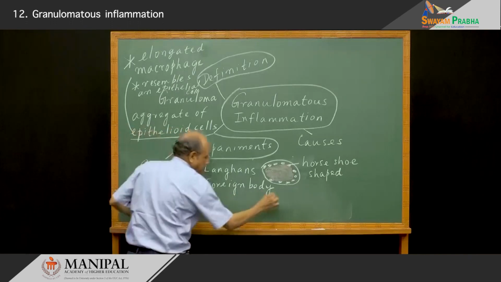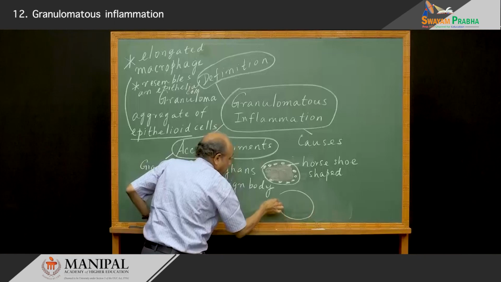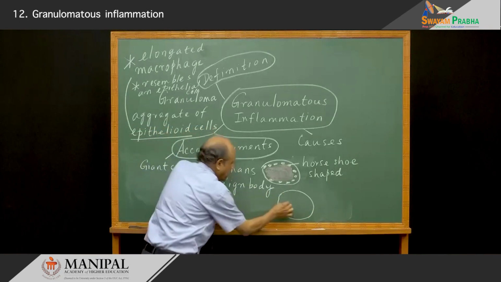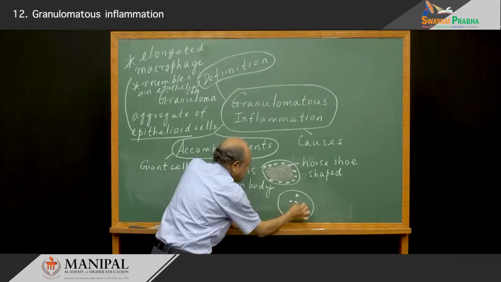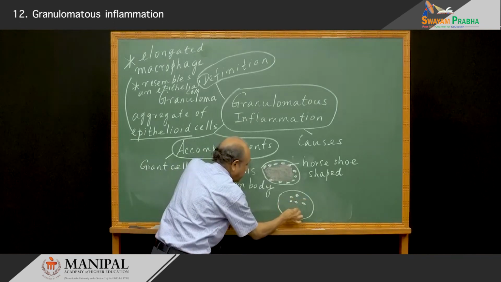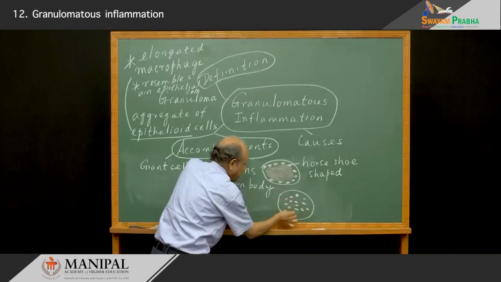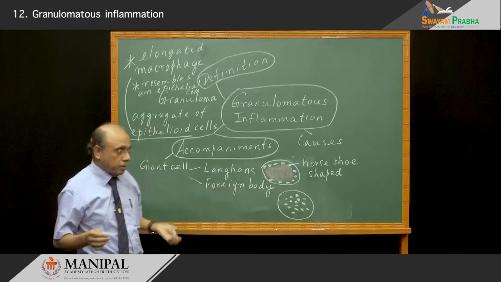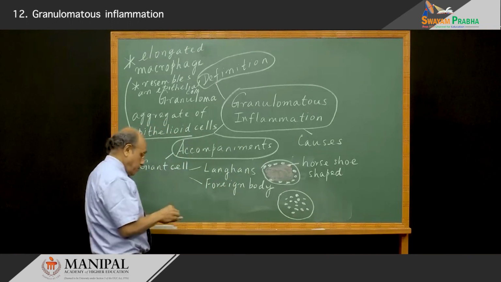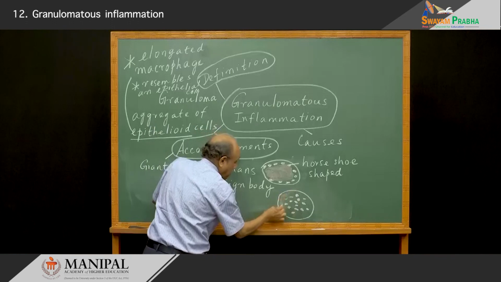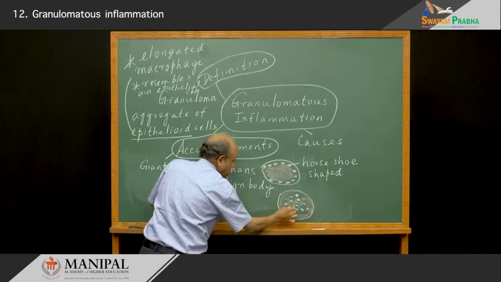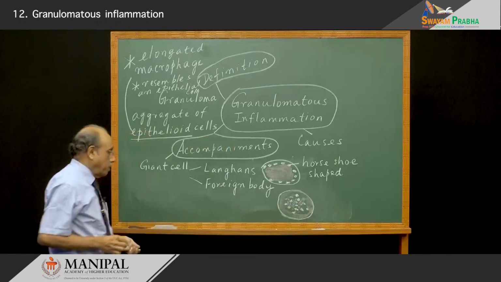The foreign body type of giant cell differs in the arrangement of the nuclei. Here the nuclei can be arranged in a very random fashion, no particular order, no particular arrangement, several nuclei, sometimes up to 50 or even 100 nuclei, and this too has abundant pink cytoplasm, but more important, the arrangement of the nuclei is random.